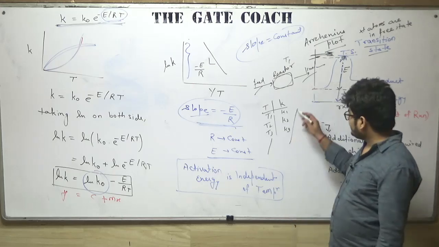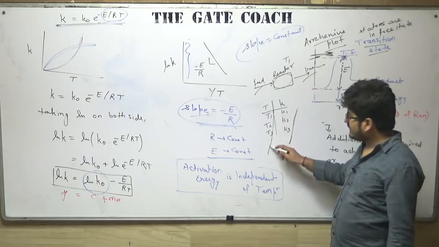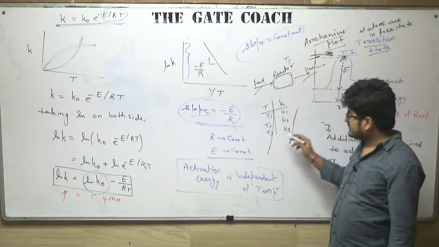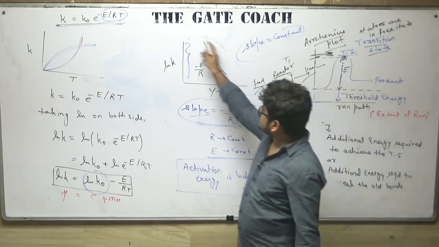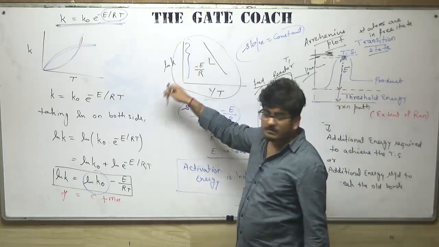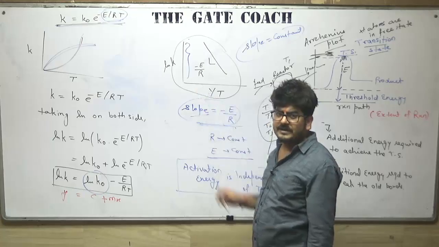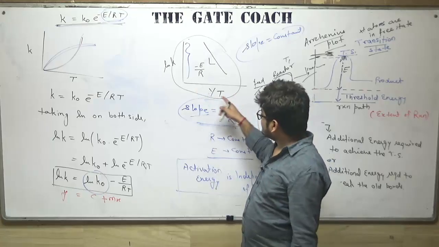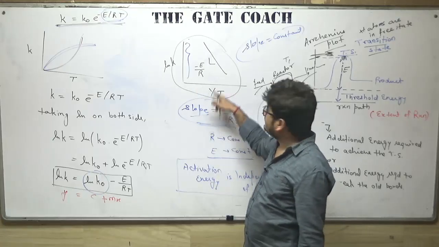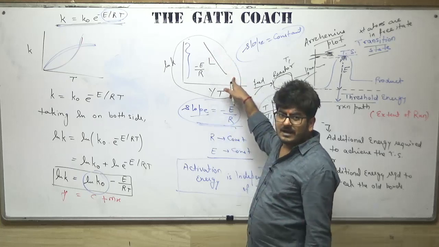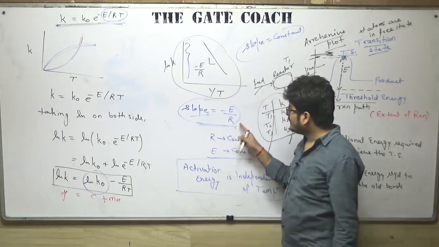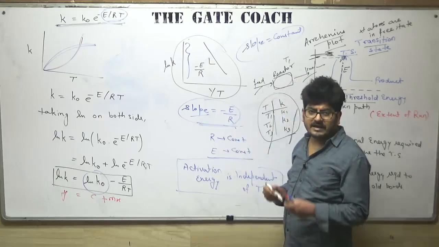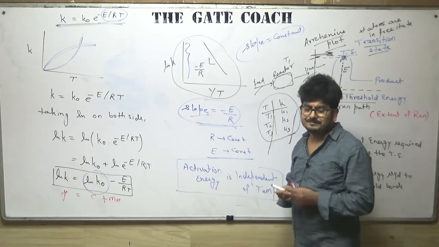And when you have the different values of rate constant and temperature, use these values to plot this curve between ln K versus 1 by T. Definitely that curve will be a straight line, and the slope of that straight line will be equal to minus E by R. From there you can calculate the activation energy.